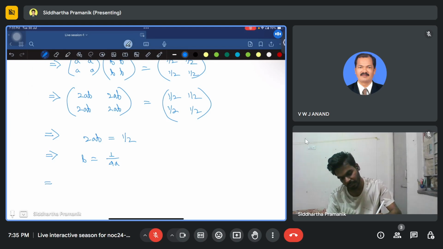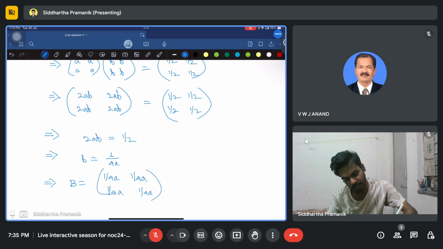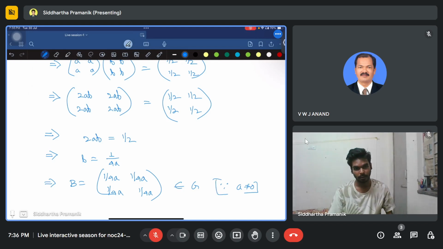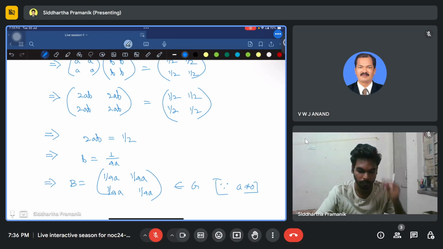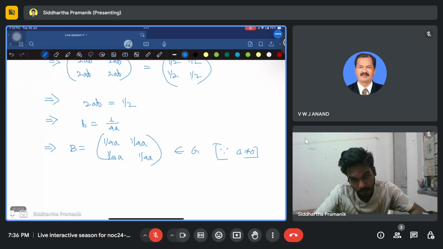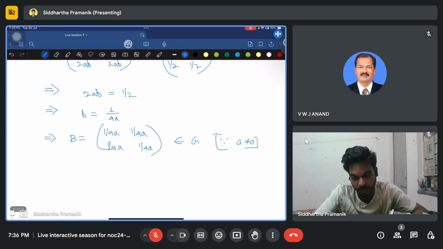So that means our element B is 1 by 4A in all four entries, and this element clearly belongs to G because A is non-zero. So we have found a candidate for the inverse element.